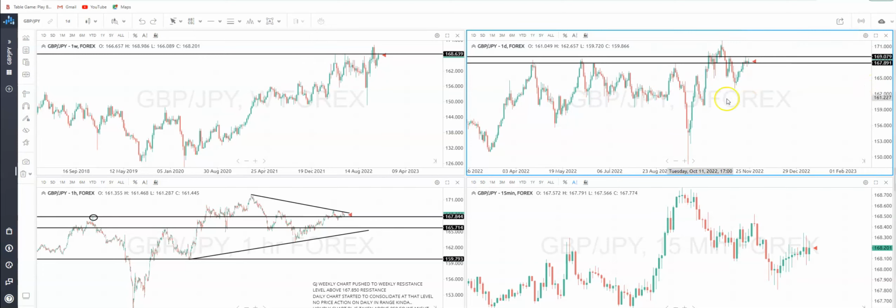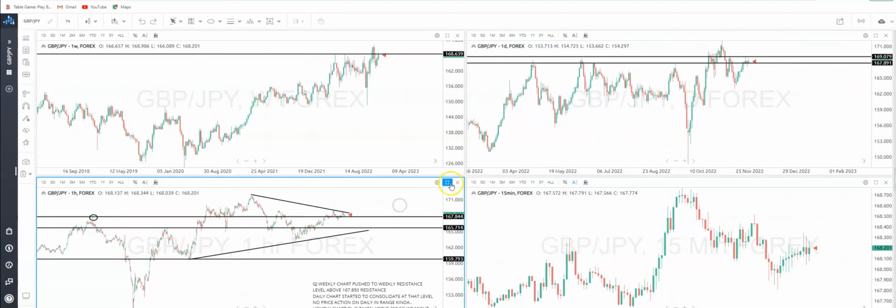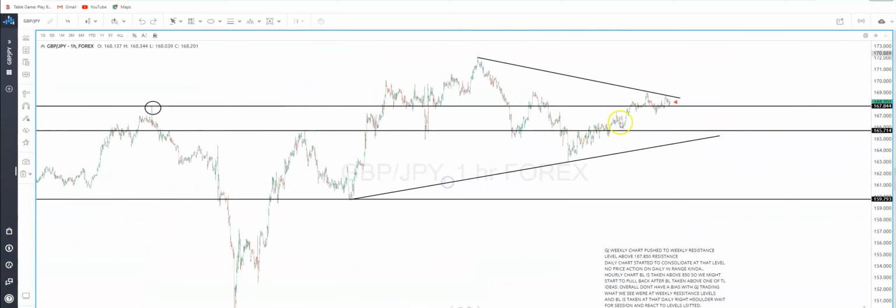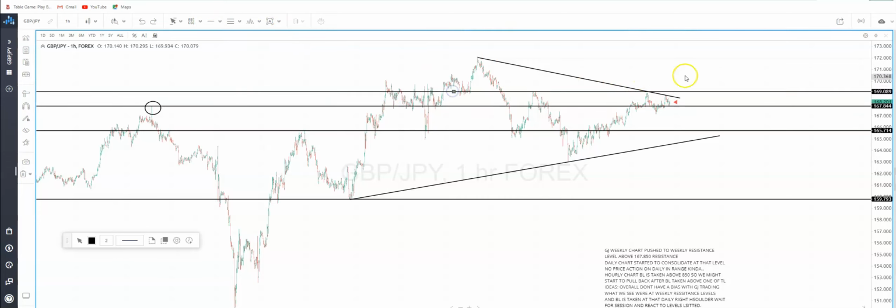That is another level over there at that 169.080, right? But short term, it looks like buyer liquidity is taken above that 167.900 resistance level, which is this level right here, right? So short term on the hourly chart, buyer liquidity is above this trend line, possibly this resistance level over here.